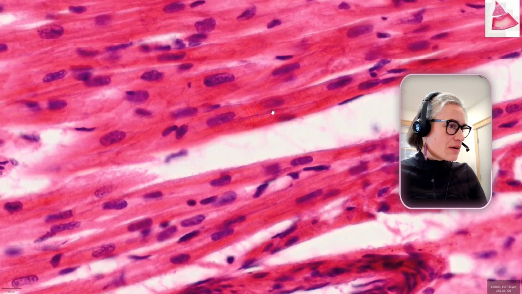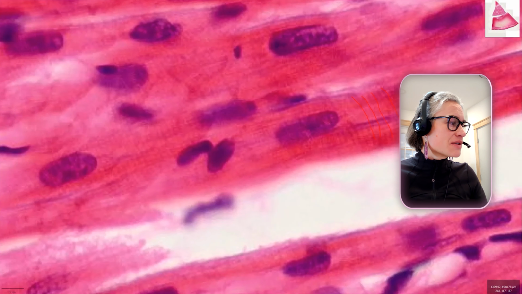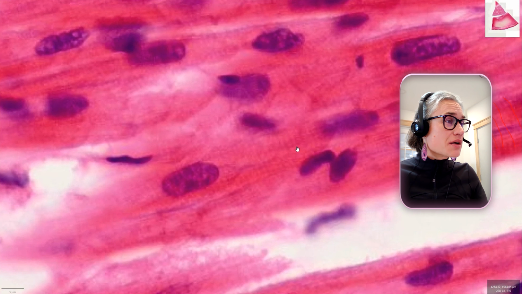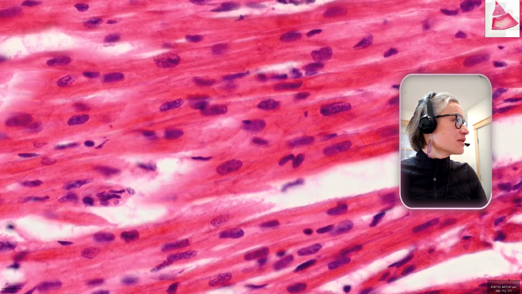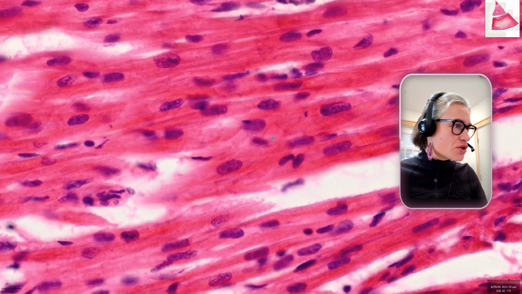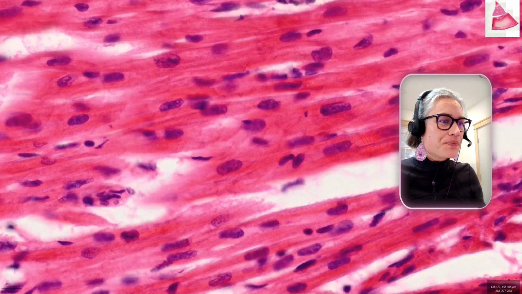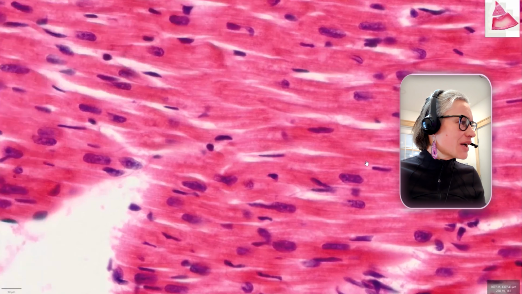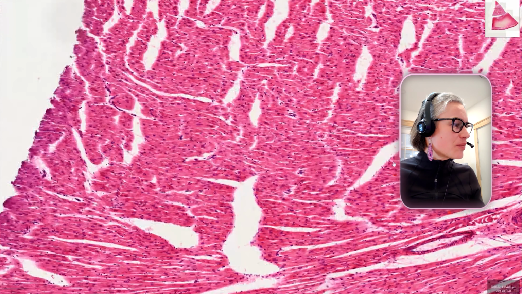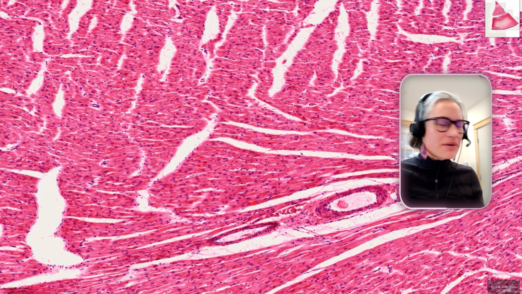And let me find another place for you where it's nicely visible. Here, you can appreciate it, not when it's too close, but I'm just going to draw a circle around it so that you can look at the region. You see it all over the place, but here. Okay, I think we are convinced that there is striation, right? I see it, not in every fiber, but we had some good areas.